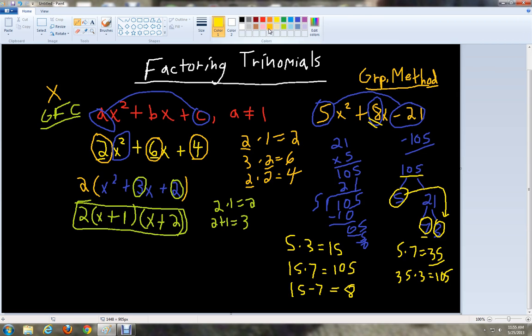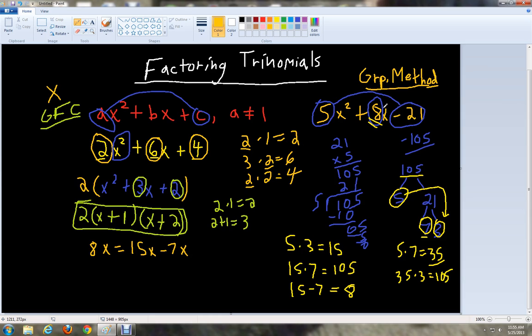So continuing on, we found that 8x, right? That's equal to, we have 15 minus 7 is 8, so that'd be 15x minus 7x.